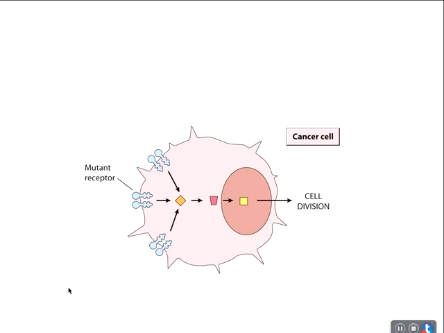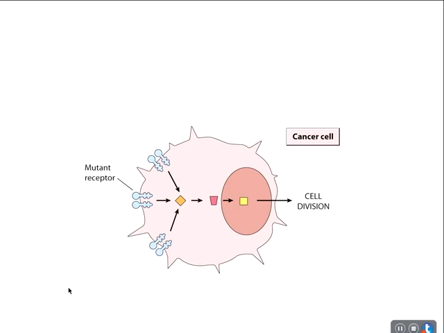All of these would lead to either overactive signaling. If it was making its own growth factor, that would mean it was overactive, too many rounds of cell division, or if it was this hyperactive version of a signaling protein, that would be overactive.